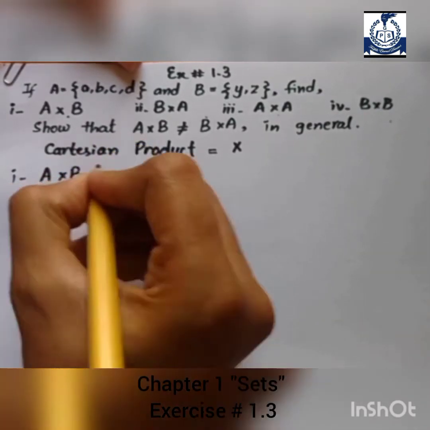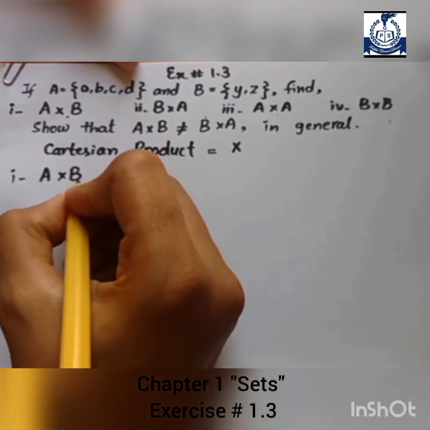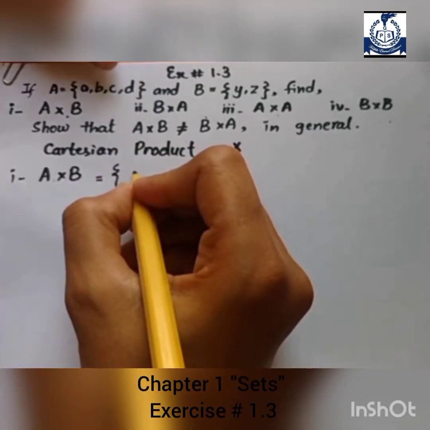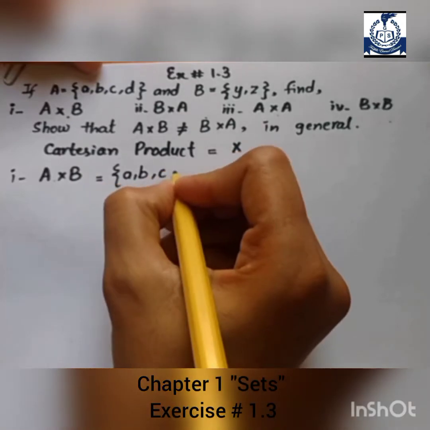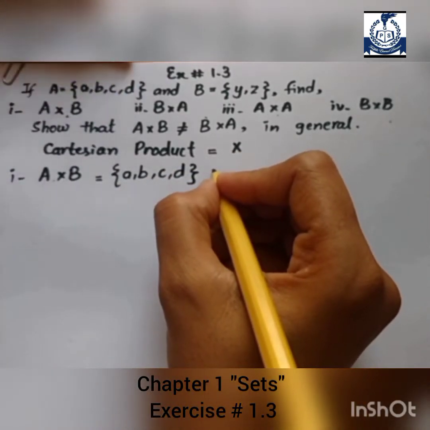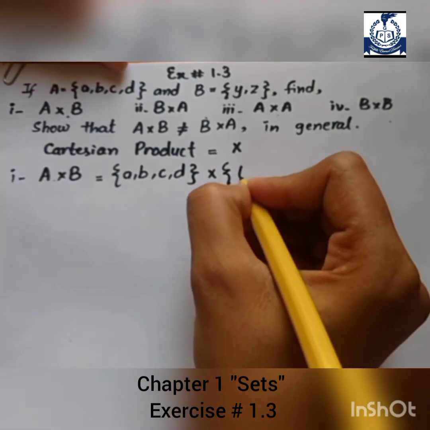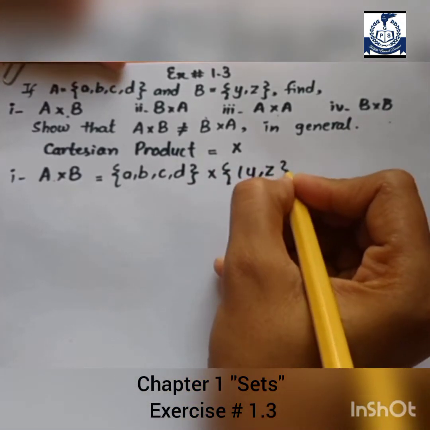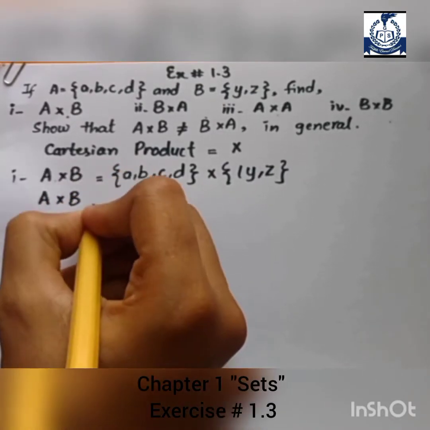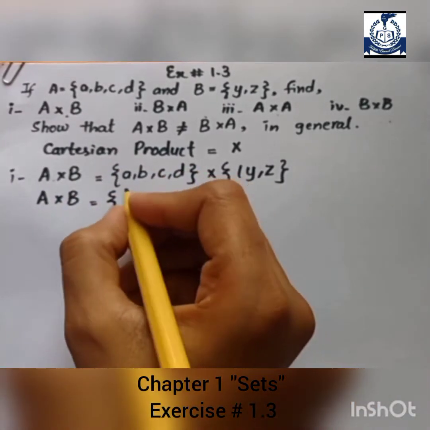Part number 1, A multiplied by B is equal to, in place of A we write the elements of A, which are a, b, c, d, Cartesian product, and in place of B we write y, z, which are the elements of B. In the Cartesian product we multiply the elements of both sets.